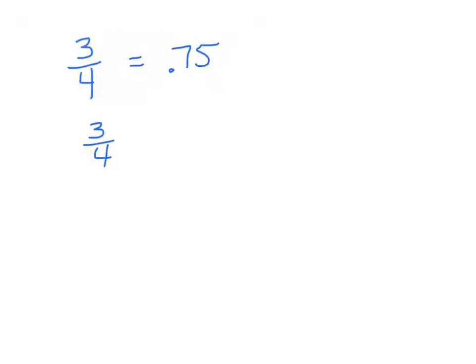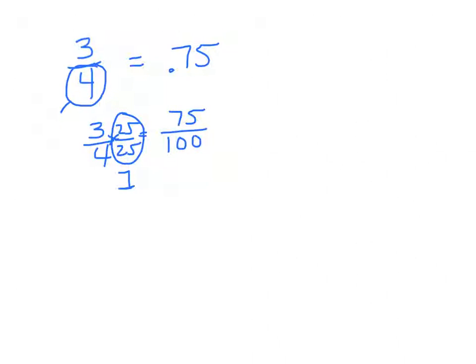If I have the fraction 3/4, I could change that into hundredths by multiplying by 25/25. Remember, 25/25 is equal to 1. So when I do that, I get 75 hundredths. In effect, what I've done is I've given an equivalent fraction for that 3/4, and I've changed the fourths into hundredths, which does make it easier.